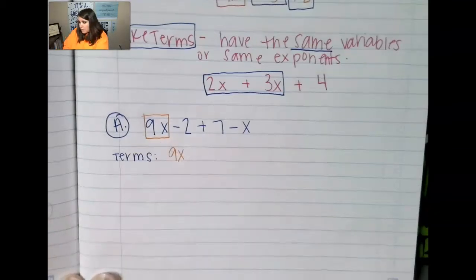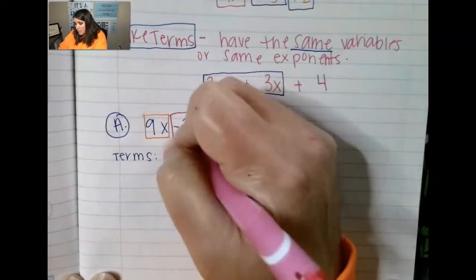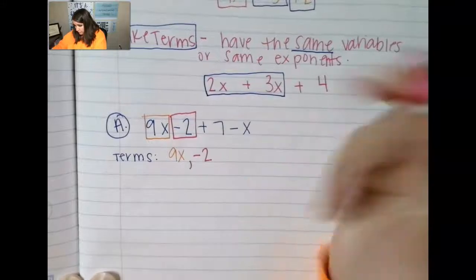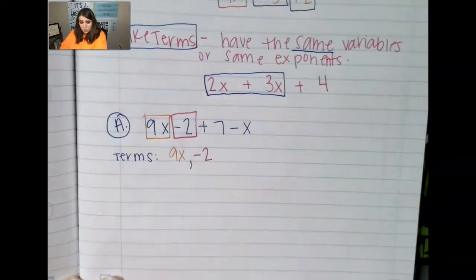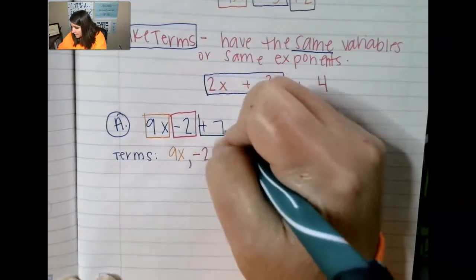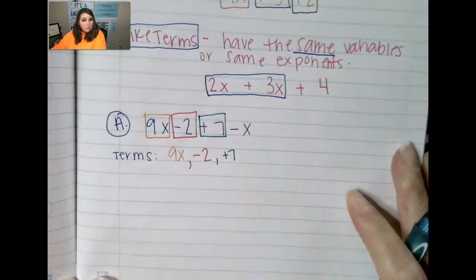Another term that we have is right here. This one, we keep the sign with it. -2 is the next term. Another one we have is this. We have a +7. So a +7 would be the term.